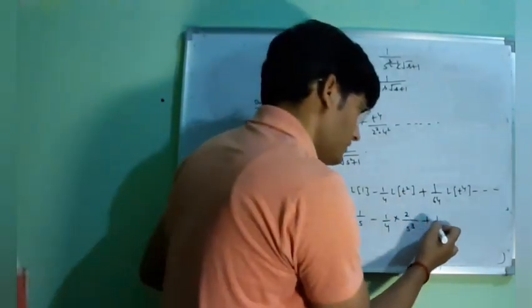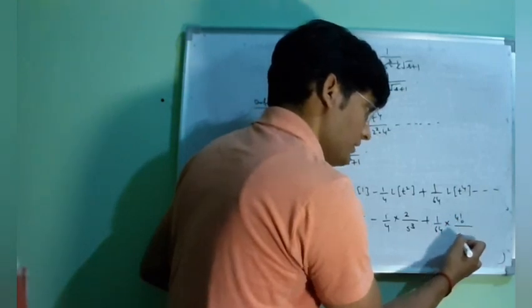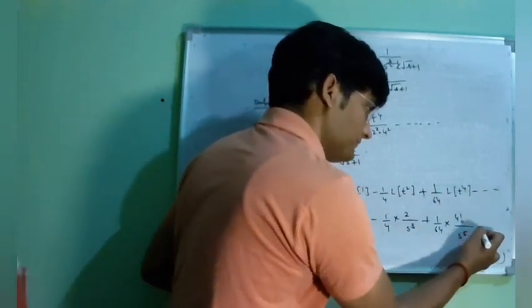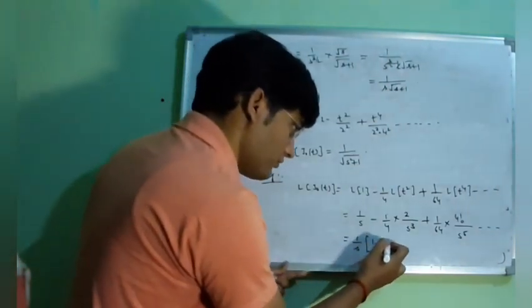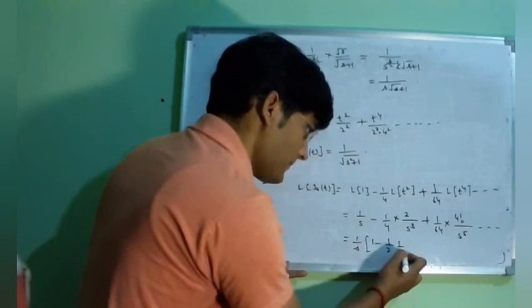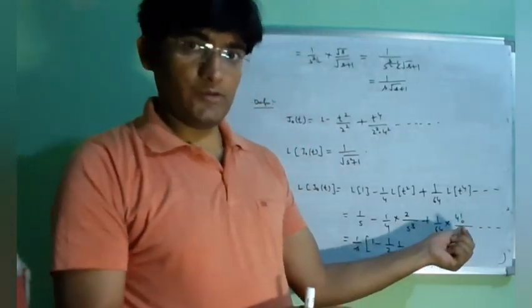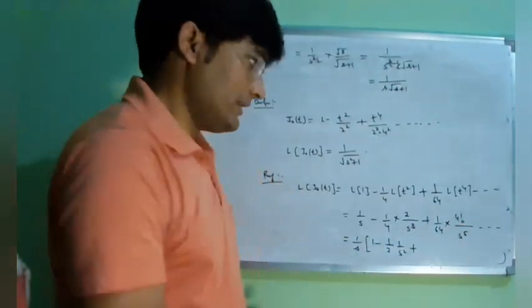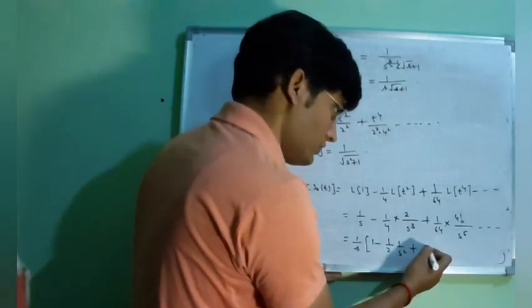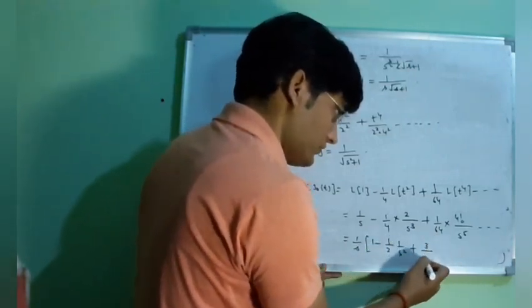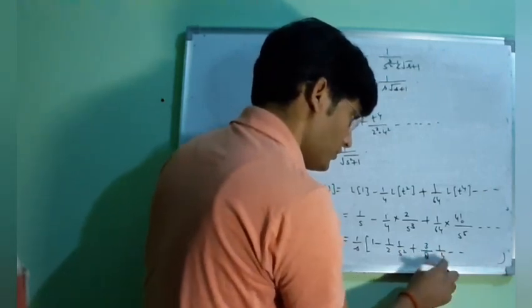Then at this point we will have factorial 4 divided by s power 4 plus 1, that means 5. So if we take common 1 by s, then in the bracket we will have 1 by 2 s square, and at this place this is your factorial 4. Factorial 4 means 4 into 3 into 2 into 1, that means 24. So 24 divided by 64. So this will be your 8 3s are 24 and divided by 8 and 1 upon s power 4.